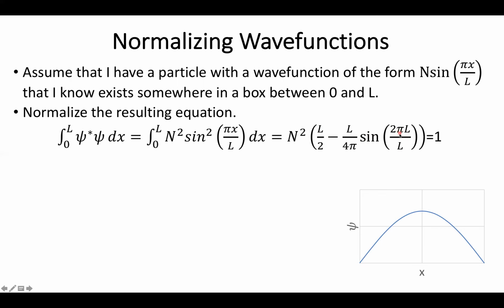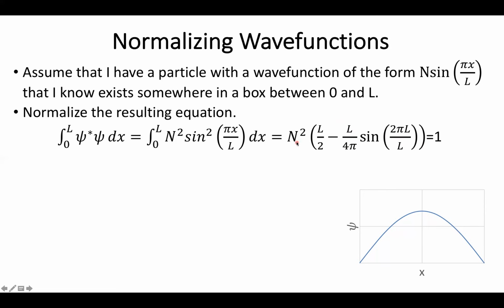However, sine of any integer multiple of pi is going to give me a value of 0. So it turns out that we get very lucky in this circumstance in that this expression goes to 0.